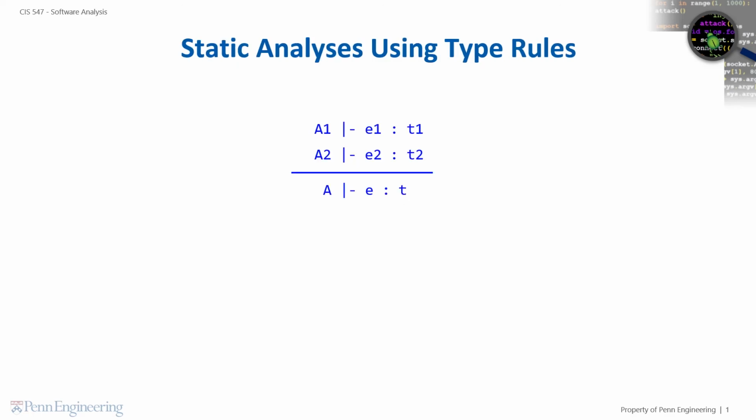Earlier in this module, we promised that type notation would be useful in contexts aside from type systems. Indeed, they are useful for describing a wide range of static analyses. Instead of speaking in the language of types, we can interpret each part of a rule of inference in a different way.